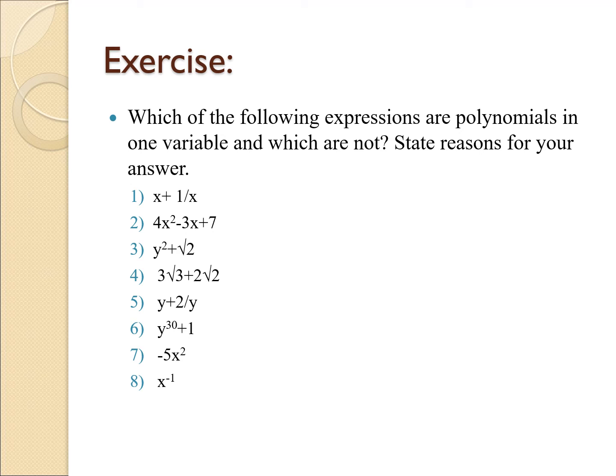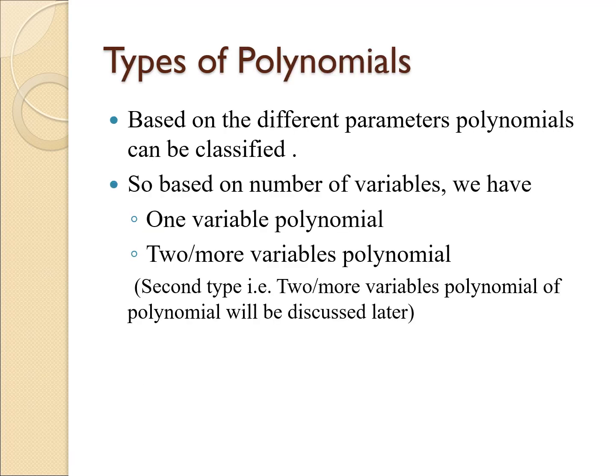Then let us see if you understood this. We will start with the next topic, types of polynomials. Based on different parameters, these polynomials can be classified. The very first parameter is the number of variables.